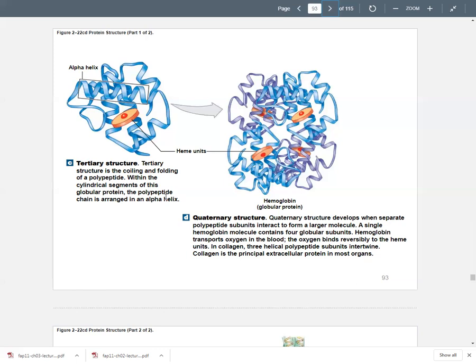Okay, so you want to be able to carry as much oxygen to your body as possible. You wouldn't just want one subunit at a time. You actually want it to be clumped together as four subunits of hemoglobin working together to carry more oxygen. So that's the difference between quaternary and tertiary structure.